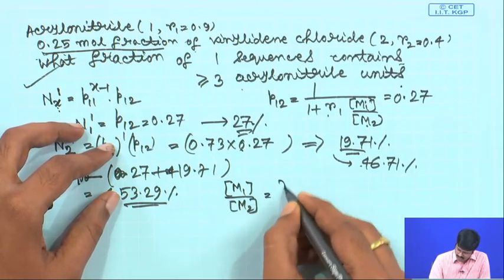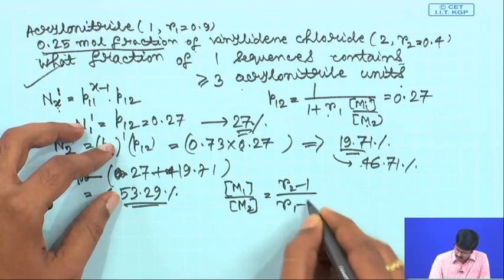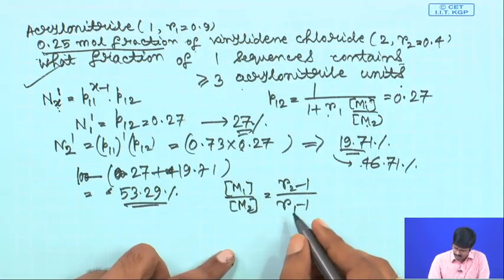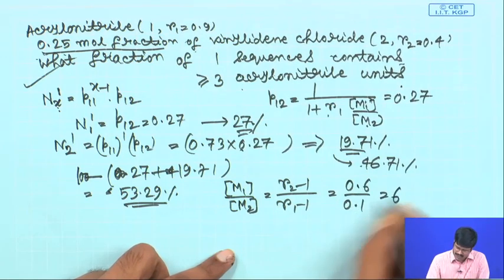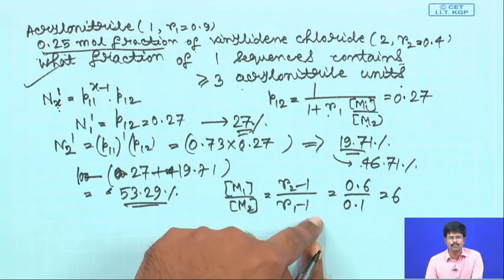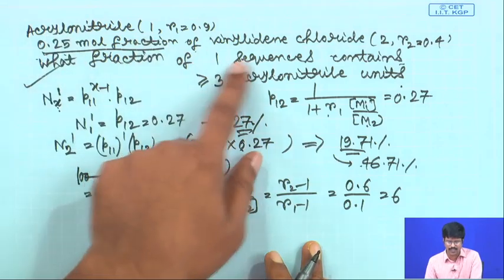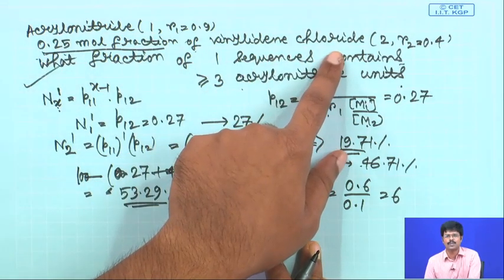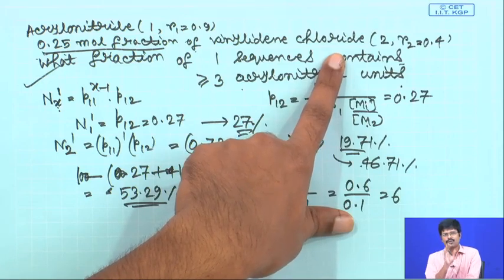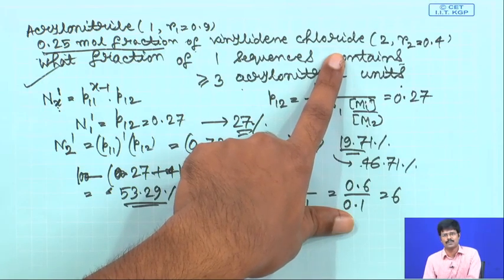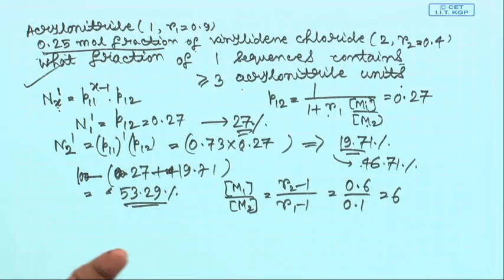M1 by M2 equals R2 minus 1 divided by R1 minus 1, put the values of R2 and R1 and you will get 0.6 divided by 0.1, so 6. So, if you take a 6:1 mole ratio of acrylonitrile to vinylidene chloride, you will get a copolymer with exactly the same composition, that is 6:1 acrylonitrile to vinylidene chloride will be present in the copolymer, because that is the azeotropic composition of the comonomer mixture.